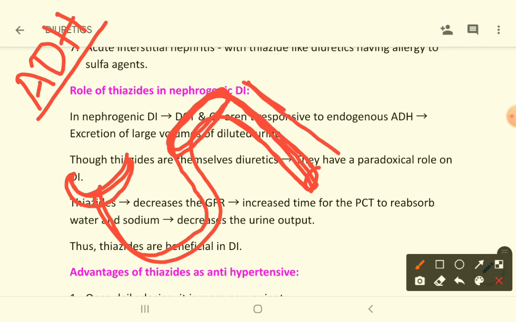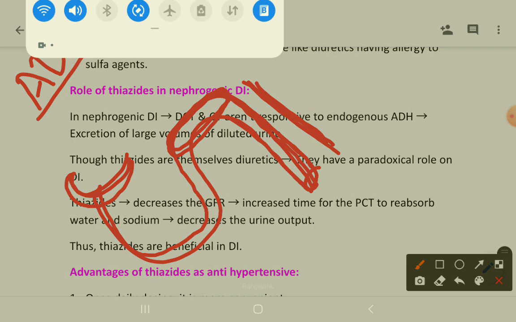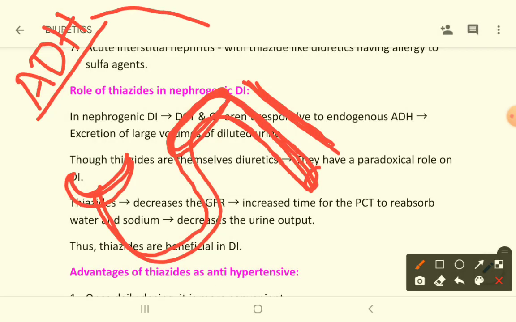They actually act on the collecting ducts. The collecting ducts are resistant to antidiuretic hormone, so it cannot act on the collecting duct and cannot prevent the diuresis. So there is loss of a huge amount of water in the urine.